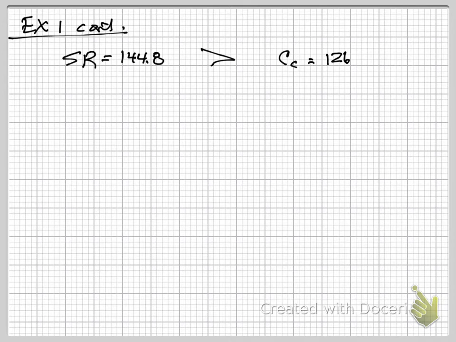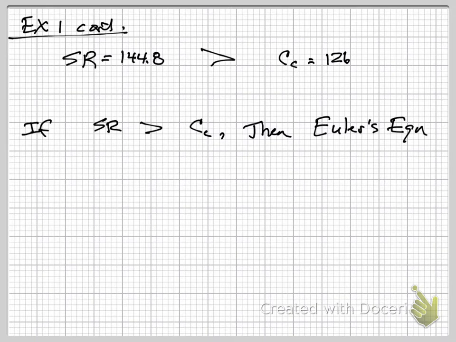And so it turns out that if the slenderness ratio is greater than the column constant, then we're supposed to use Euler's equation, because it's relatively long and slender. But if the slenderness ratio is less than the column constant, then we use what we call the Johnson formula.